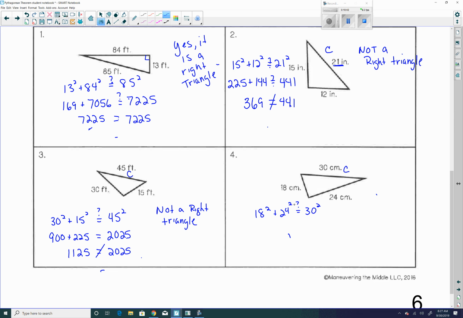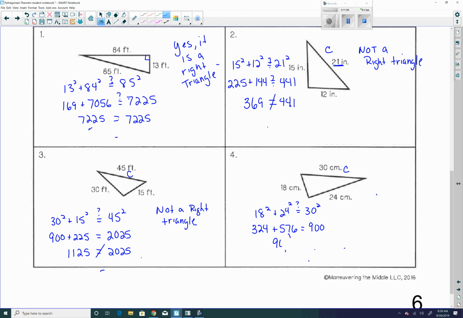So 18 squared is 324. 24 squared is 576. And 30 squared, we learned in our last one, is 900. So 324 plus 576, what does that equal?